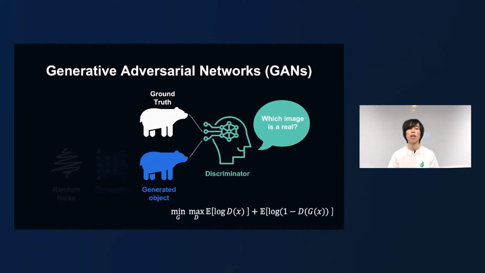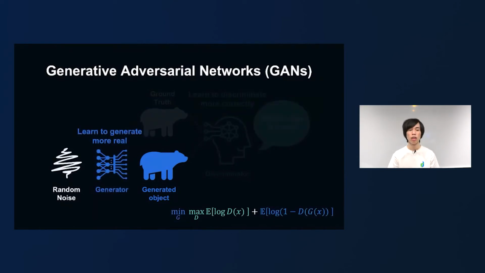The generator is trained to generate a more realistic object so that it can deceive the discriminator. By repeating this process, the generator will be able to generate natural objects that are indistinguishable from the real objects. So that's the mechanism of GAN.